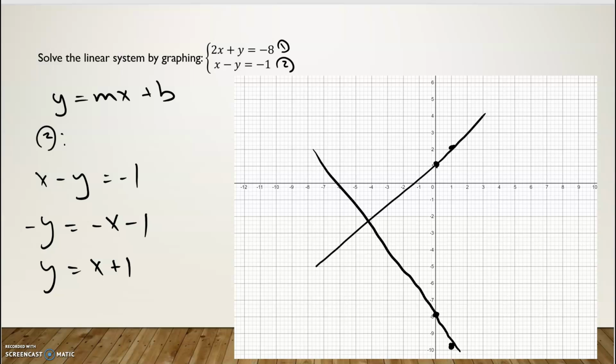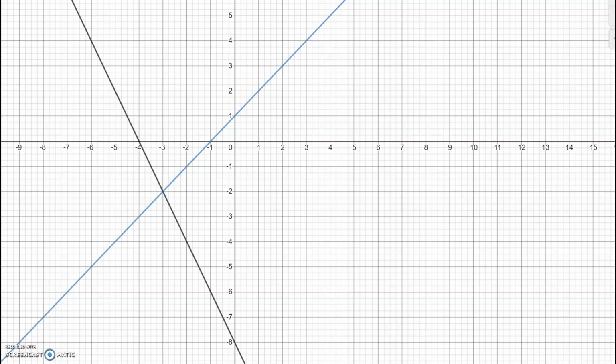Looks like about (-4, -2). I know that my graph is a little bit off. Here's what it should look like, and it looks like where they intersect is (-3, -2).